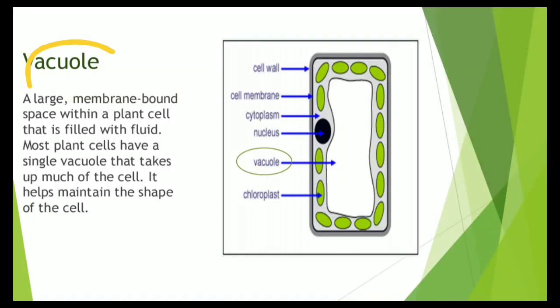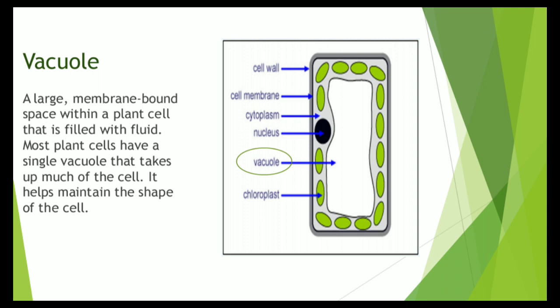Now we have a big vacuole. A vacuole is very big and mostly it takes all the space of the cell. It is a large membrane-bound space within the plant cell that is filled with liquid or fluid.